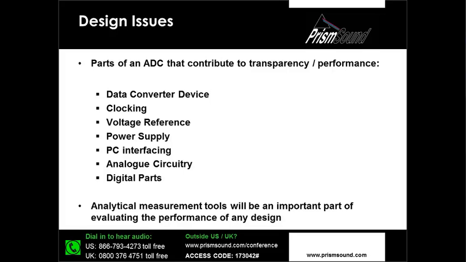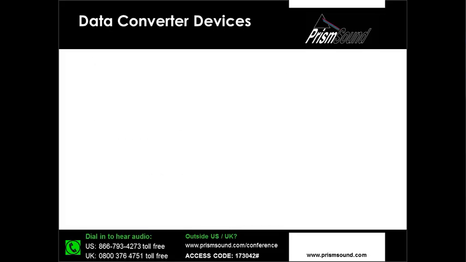But in order to really get down to the microscopic levels of detail that we need as design engineers to be able to figure out exactly where the design is going wrong if something's not quite working properly and perhaps not sounding right, we will need some fairly sophisticated analytical measurement tools in order to help us understand the system. And that will be the focus of today's presentation. We'll be using those analytical tools to get to the bottom of design-related issues in our A to D converters.